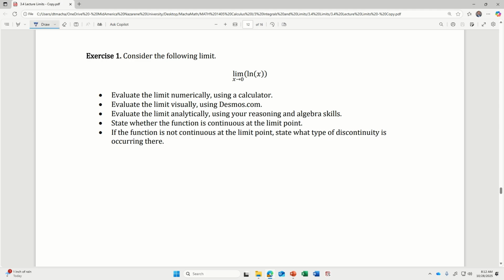Consider the following limit: the limit as x approaches 0 of natural log of x.